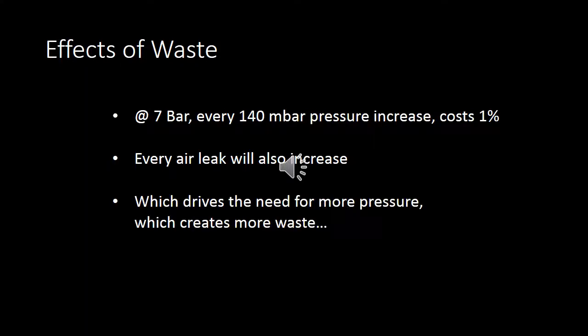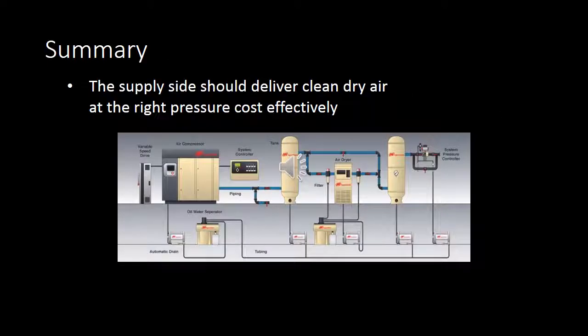That will increase energy consumption by another 0.6 to 1% because of the additional air being wasted. In a system where 30 to 50% of the use is unregulated, the combined effect can be a total increase in energy consumption of about 1.6 to 2% for every increase in discharge pressure by 0.14 bars for a system near 7 bar. Let's summarise what we have learnt today.